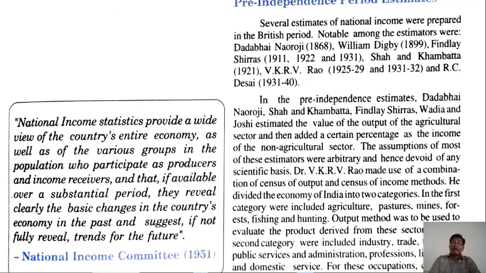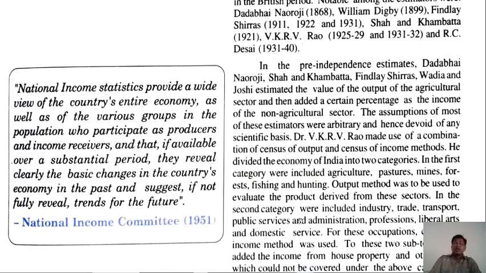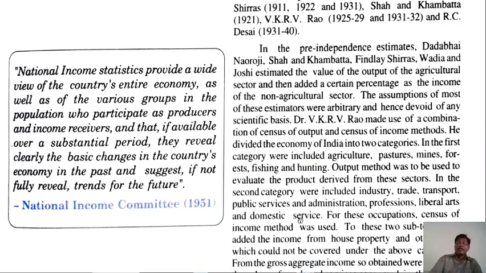Dr. V.K.R.V. Rao made use of a combination of the census of output and census of income methods. He divided the economy of India into two categories. In the first category, he included agriculture, pasture, mines, forests, fishing, and hunting.